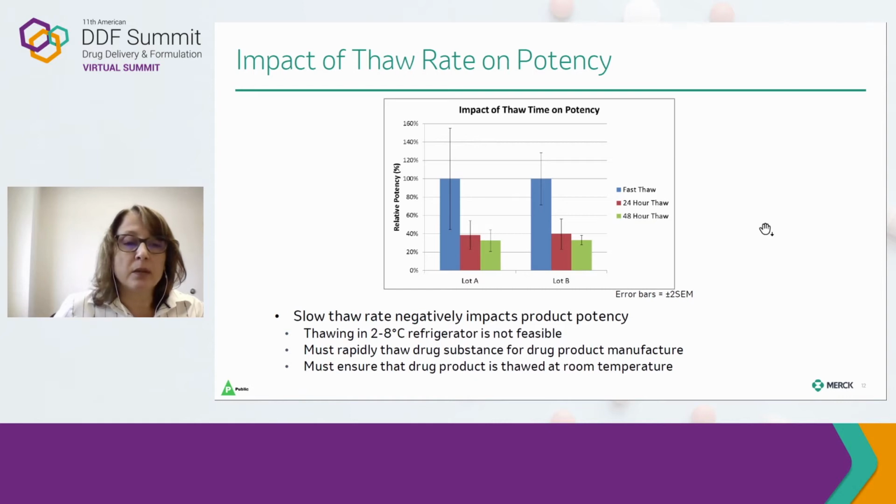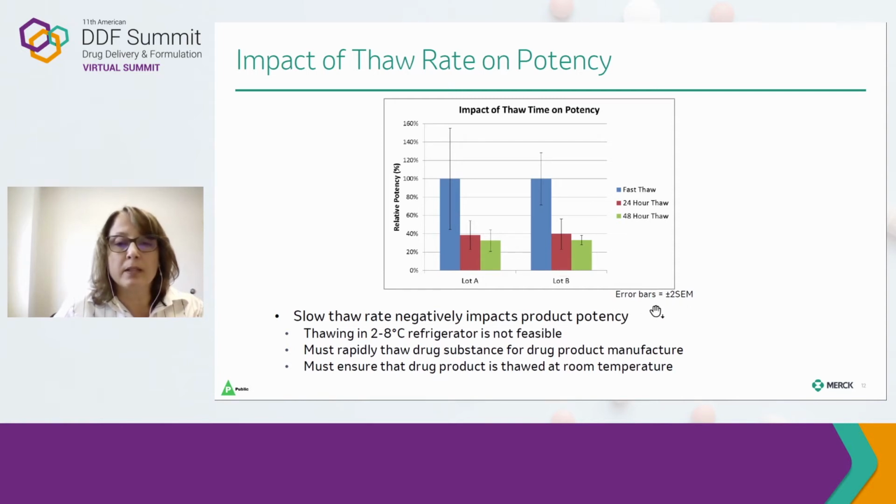A slow thaw rate was found to negatively impact product potency. If you look on the graph here, you're seeing relative potency. You see fast thaw as 100% because we normalized potency. Then relatively speaking, if it took a 24-hour thaw or a 48-hour thaw, you'd see around a 60% loss, and we saw those with different lots.